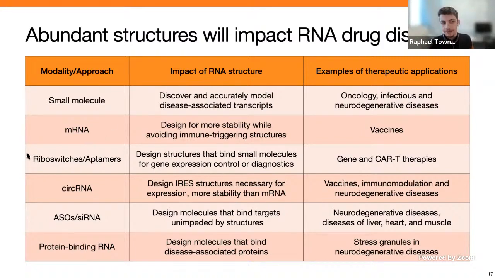You can help design the next generation of mRNA vaccines to increase their stability so you no longer need to freeze them, or avoid immune triggering structures, as well as many other things involving gene therapies, which have really been taking off lately, and all sorts of other more esoteric RNA applications across the space.